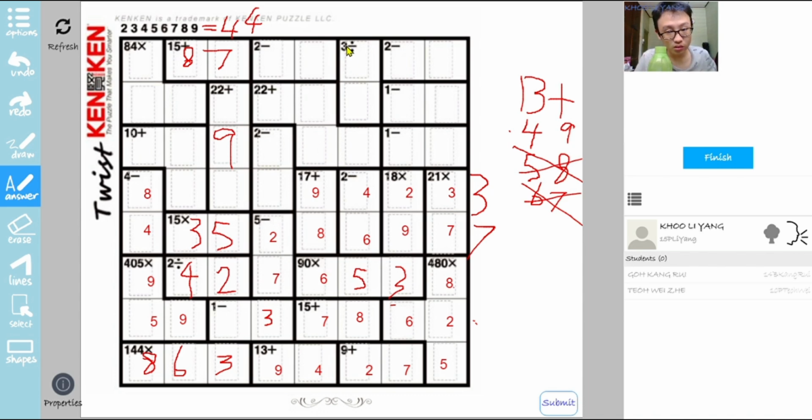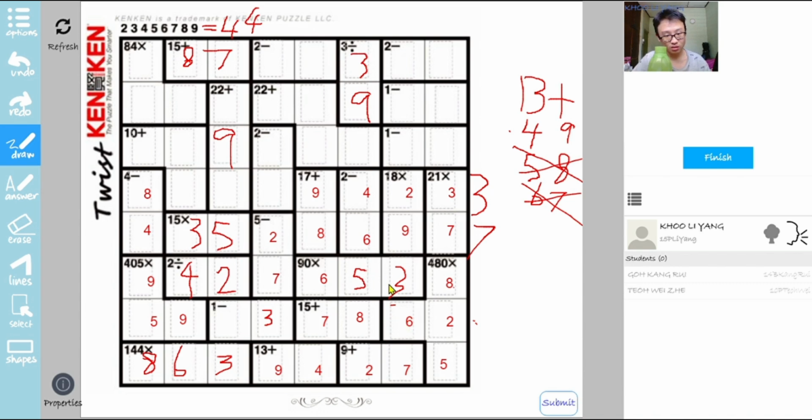So this box with 3 divide only has two possibilities, which are 2, 6 and 3, 9. Since 1 cannot be used, 3 divided by 1 will be rejected, and since 6 is already in this column, 6 divided by 2 is also eliminated. So 3, 9 is the only possibility. You can see that 3 is in this column, so that makes 3 to be that.